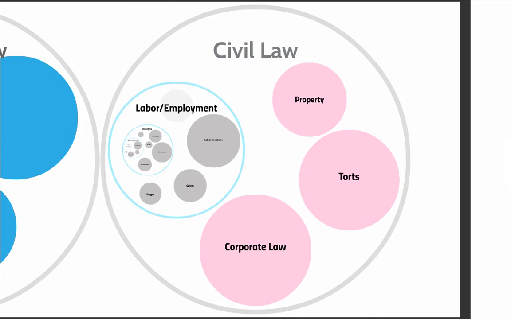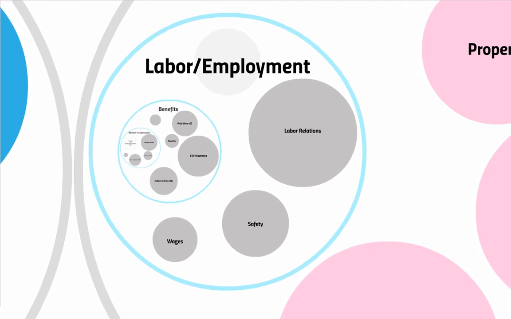Within civil law, we see different subareas, such as property, torts, and corporate law, as well as labor and employment law. For Beth's claim, we know that this is a labor employment issue, and clicking on labor employment law opens up other subareas. For example, labor relations, safety, and wages.